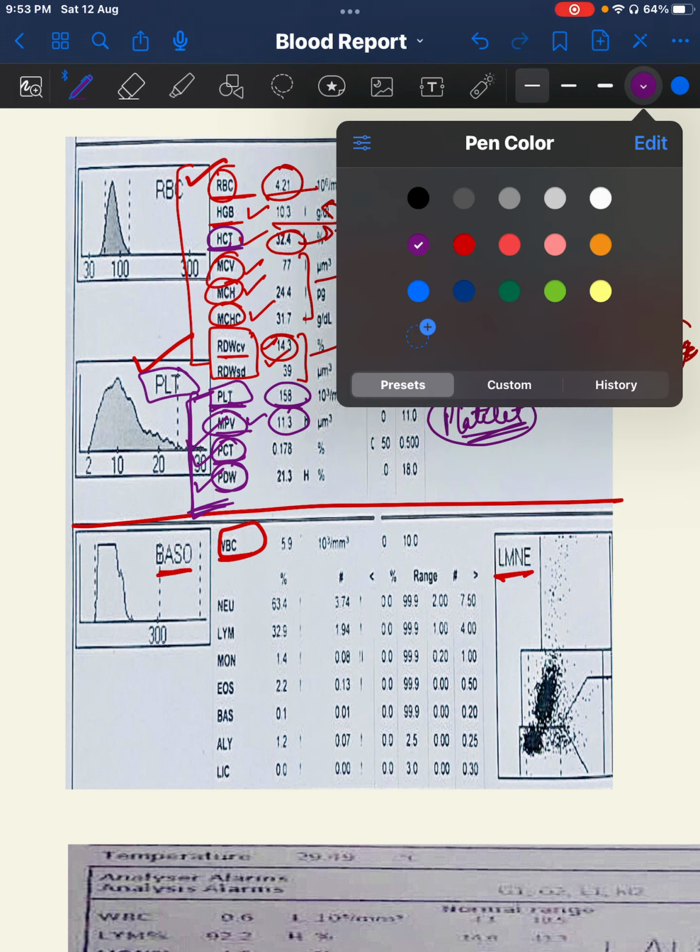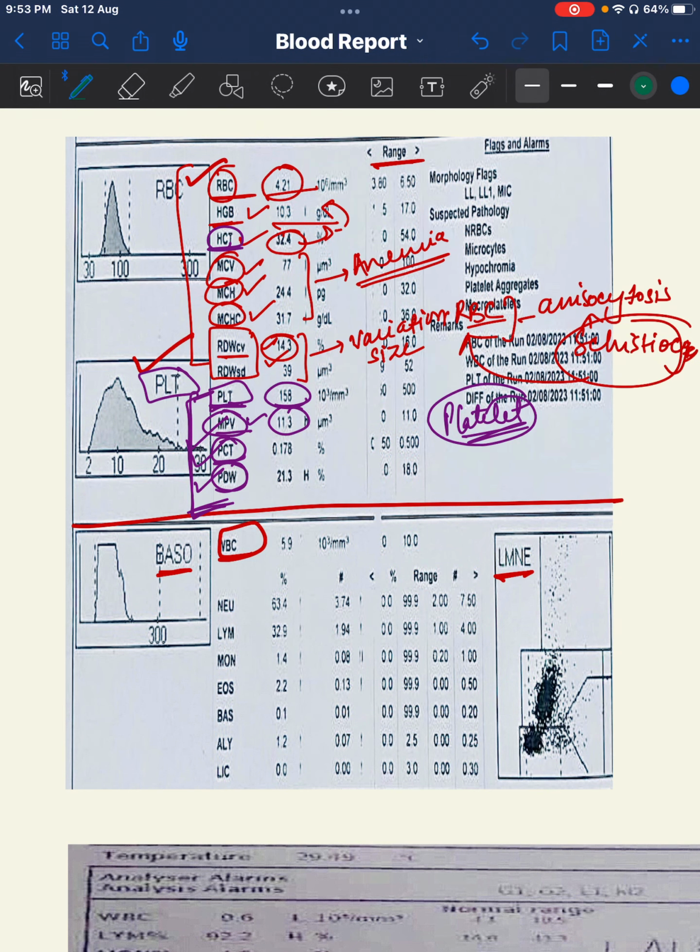The next very important thing is the WBC window. So now the WBC window, look at what all cells it is talking about. So here is a percentage. It will tell you the total percentage of these cells in the blood. And this hashtag is the absolute number. What is the number of these cells?